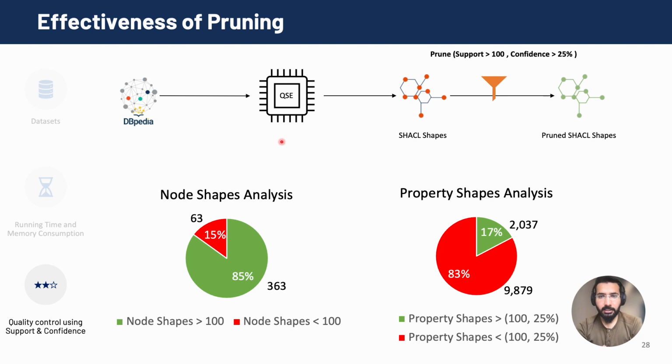Using these thresholds, QSE was able to prune out 15% of spurious node shapes and 83% of spurious property shapes. Thus, pruning helps identify spurious constraints, especially for property shapes.